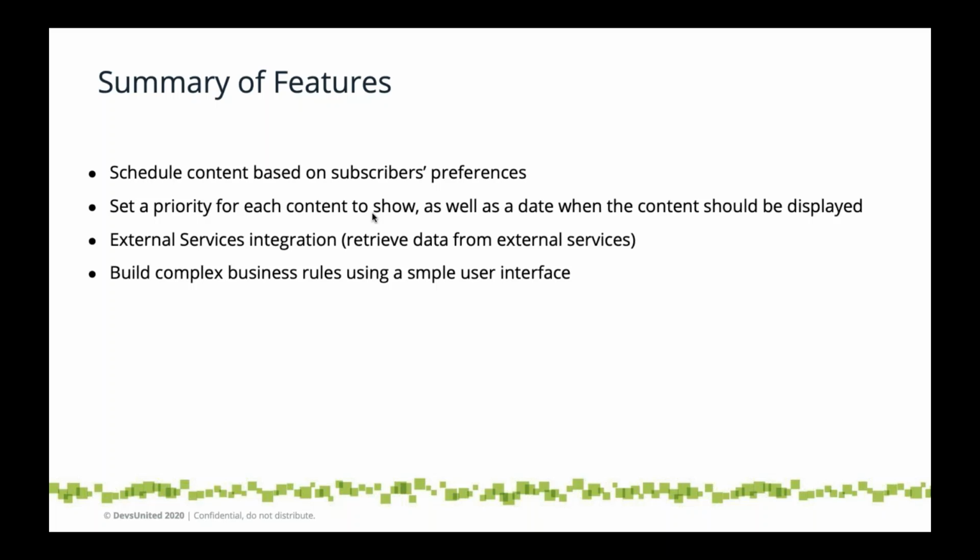Suppose that for this use case that I showed, we have the products data extension inside Marketing Cloud, but suppose that all the data related to the product is in an external service. So you can configure that integration and go to that external service and retrieve the product data to show on the content. And another feature is that you can build complex business rules using a simple user interface.